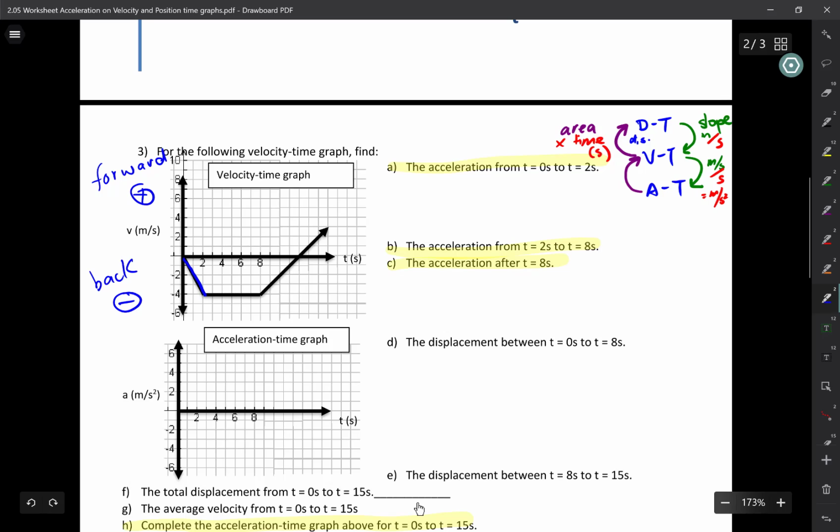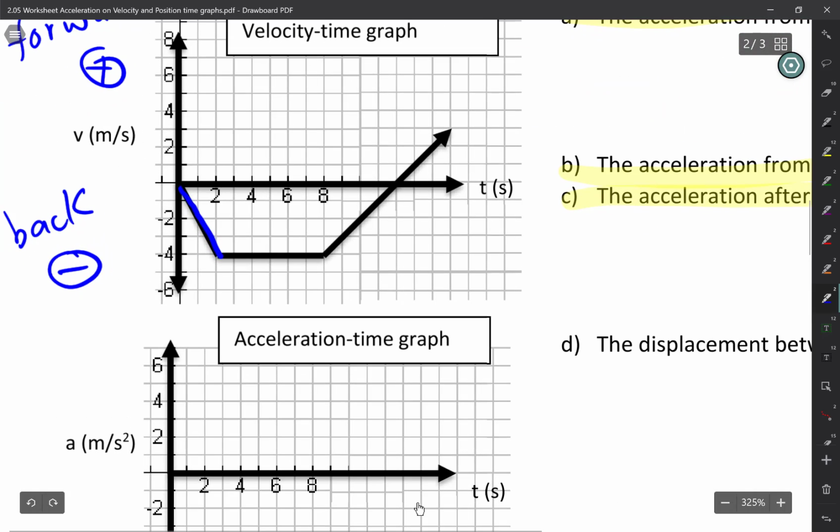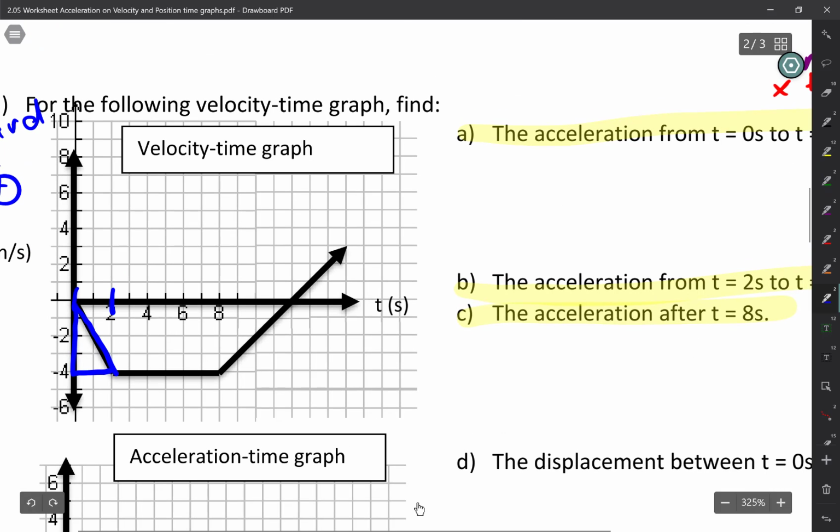Okay, so now we have this little diagram to remind ourselves. Going back to A, we're trying to find the acceleration from t equals 0 to 2 seconds. We're grabbing the slope from here to there. So we're looking at this slope right there. So I'm going to write the slope, and I'm going to write it in a quicker hand.